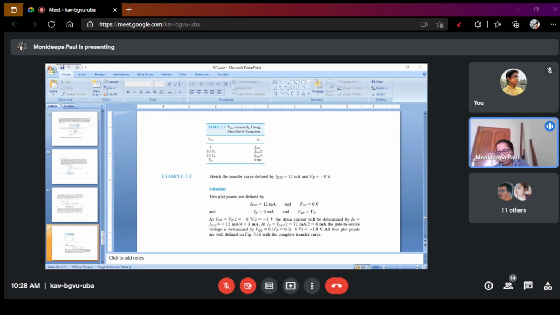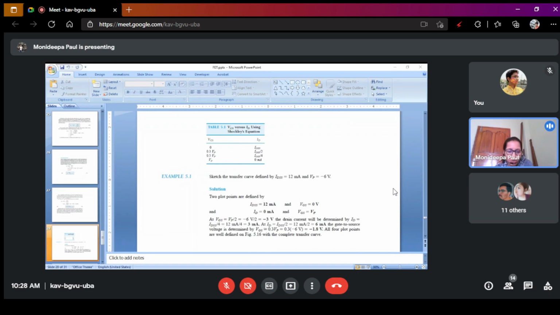These are the two conditions you can get from the question. Next, you apply the assumptions. First we apply the first assumption, that is VGS is equal to VP by 2, that is 1 half of VP.